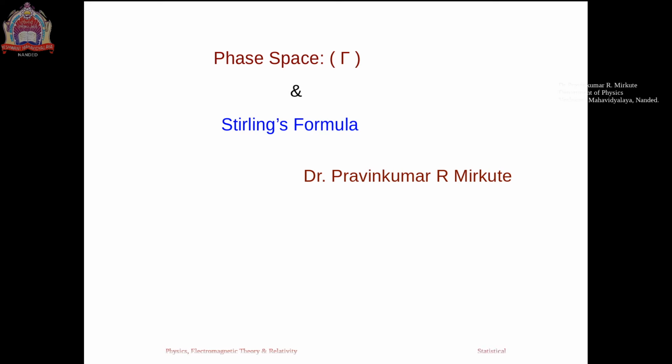In classical mechanics, the state of a system of particles at any given time is completely specified by the knowledge of position and momentum, or we can say velocity, of each of its particles.